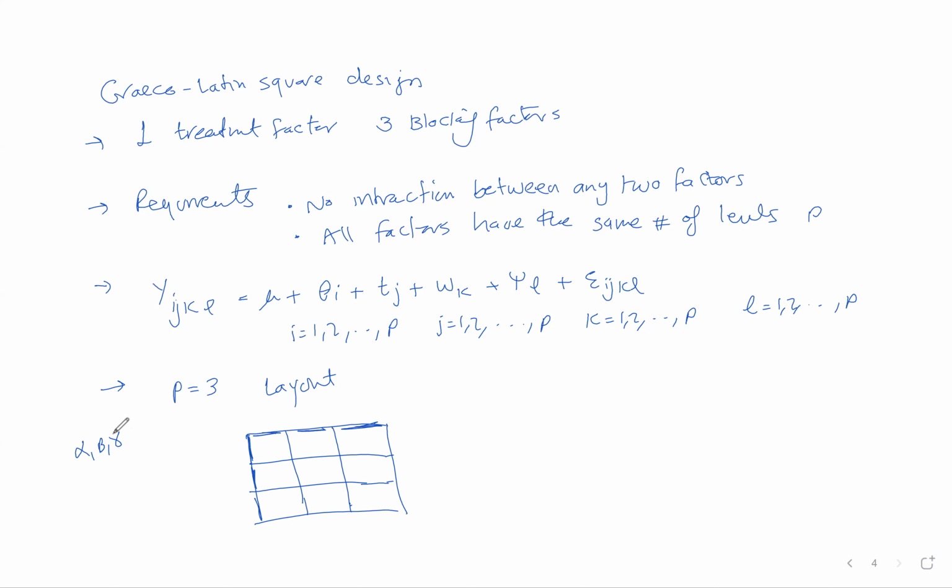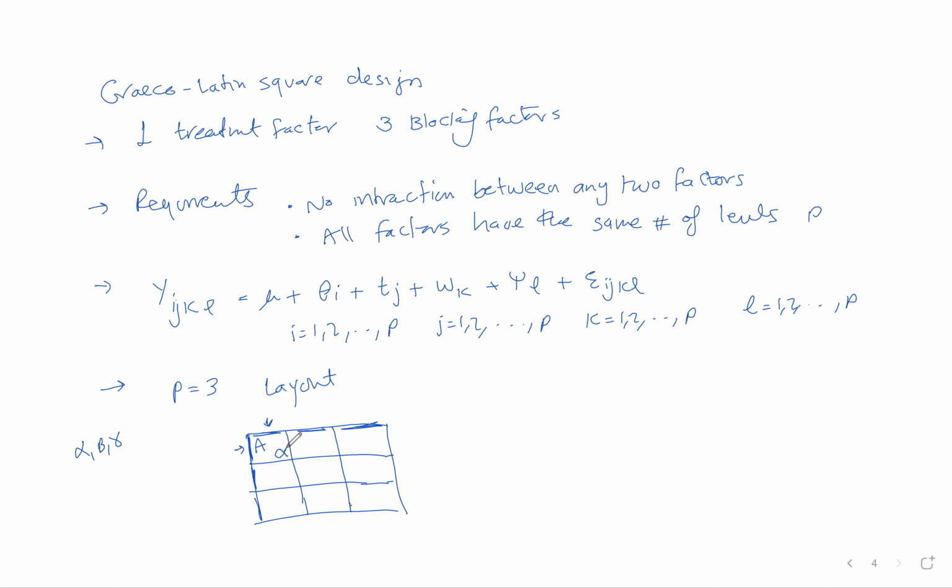So how do I randomly assign for each combination of the 3 blocking factors? You assign a treatment. So for example, the first block of the first blocking factor, the first block of the second blocking factor, and the first block of the third blocking factor, assign a treatment A and then measure the response.